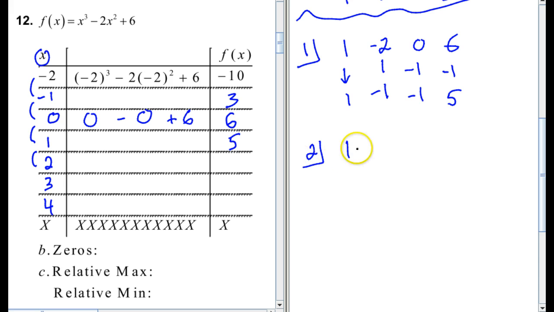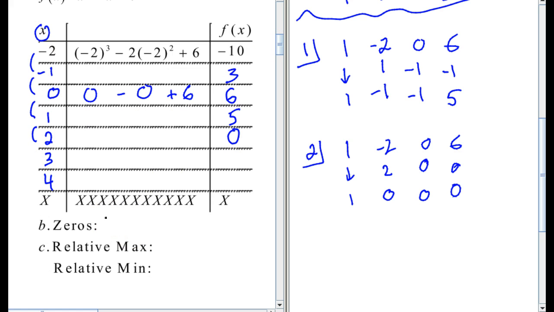Plug in 2. 2, 0, 0, 0, 0, 0. So 2 is a root, looks like, huh? So I put that down my 0 list. 2.